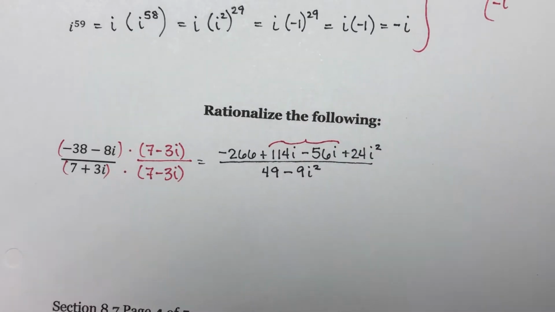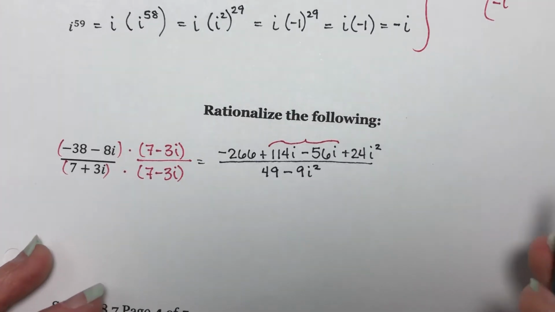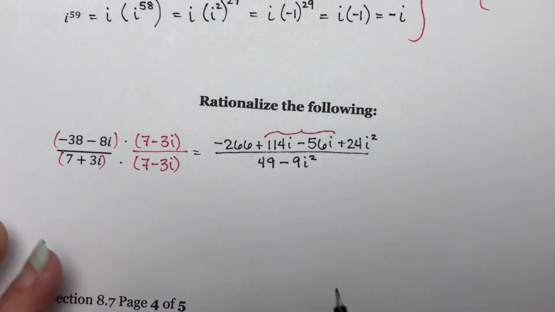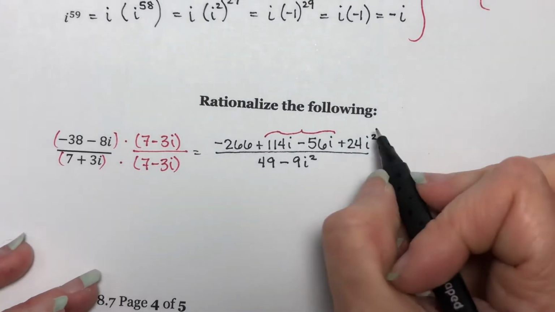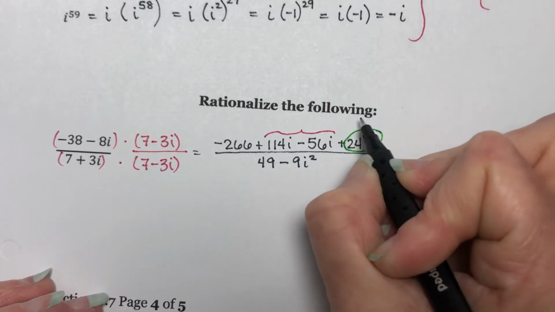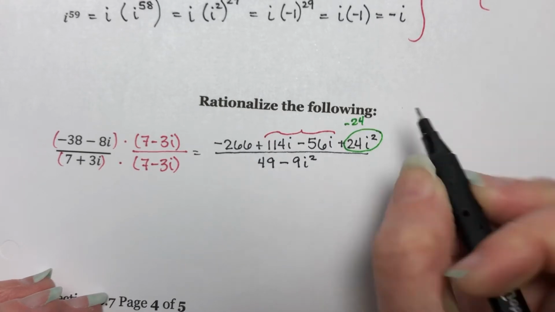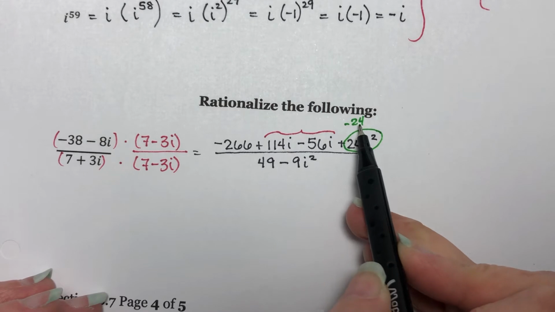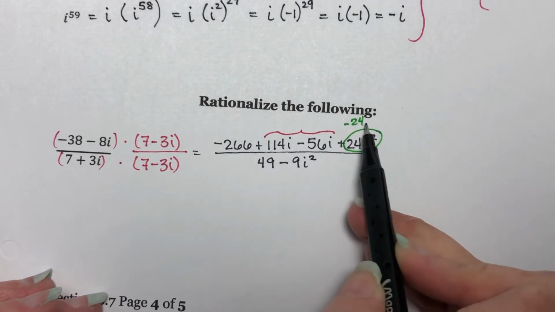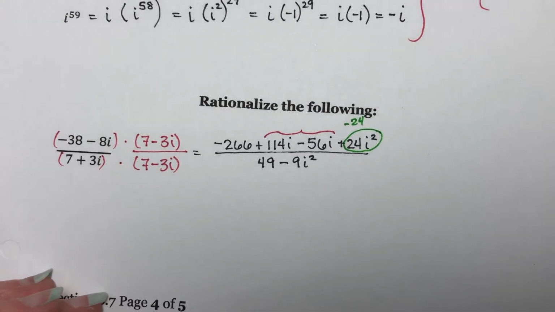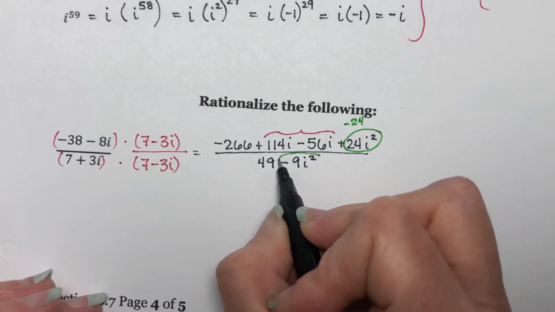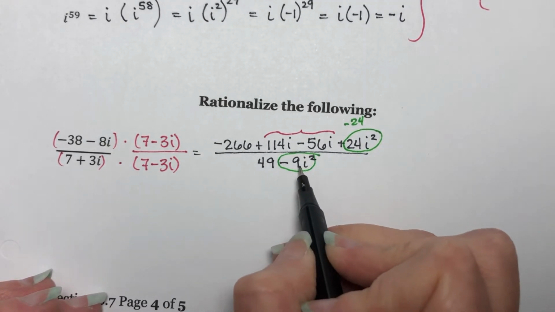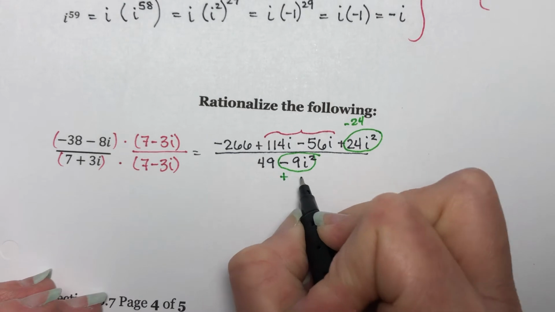And then what I often do is, rather than recopying this, which is, for me, a place where I make my mistakes a whole lot, I just simply do this right here and just rewrite a negative 24, because that's what that means. It's going to be a negative 1 times 24, which is going to give me the negative 24. So I'm going to combine these two. It's just saving myself rewriting the whole thing. And then I'm going to do the same thing here. This minus 9i squared is going to become plus 9.